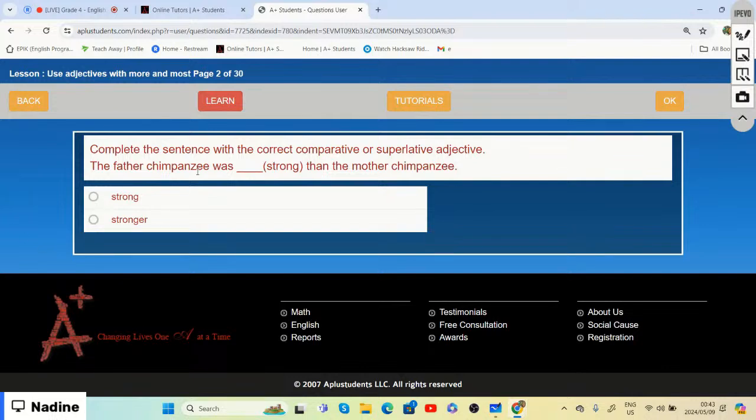Father chimpanzee was, do we say he was strong or stronger than mother chimpanzee? We are just comparing two people, comparing the father chimpanzee to the mother chimpanzee.